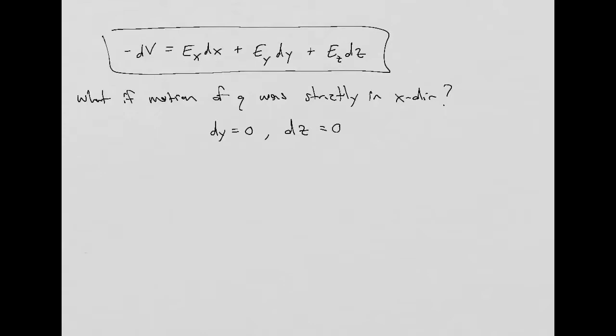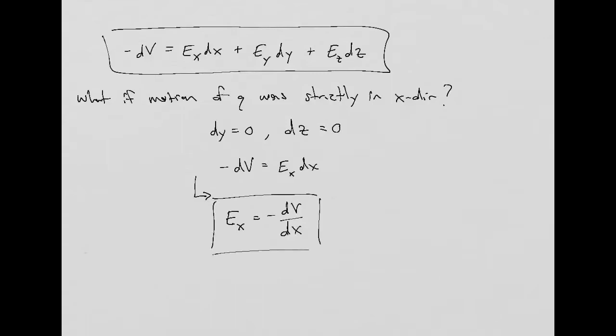So we've simplified our equation considerably. Now we just have minus dV is equal to Ex dx. And if we rearrange this, we have Ex is equal to minus dV/dx. Okay. This is how we're going to compute the x component of our electric field. Just take the derivative of your electric potential, and that'll give you electric field.